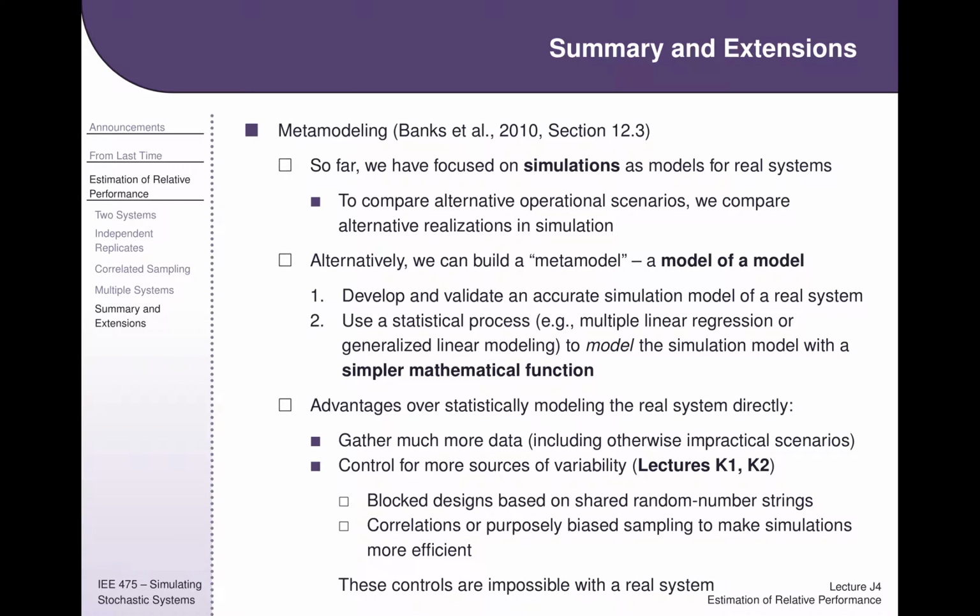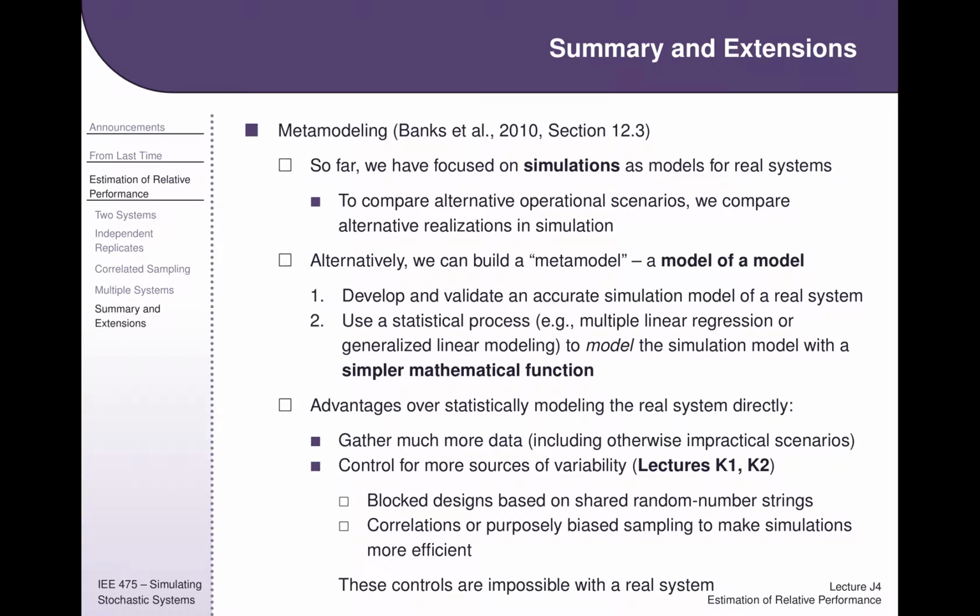I've already hinted at one with the correlated sampling section we talked about earlier in the lecture. In that case, we set the random number seed to be the same on two different simulations, and it had the effect of sending the same stream of customers, an identical stream, into two different simulations. It's impossible to do that in the real world.